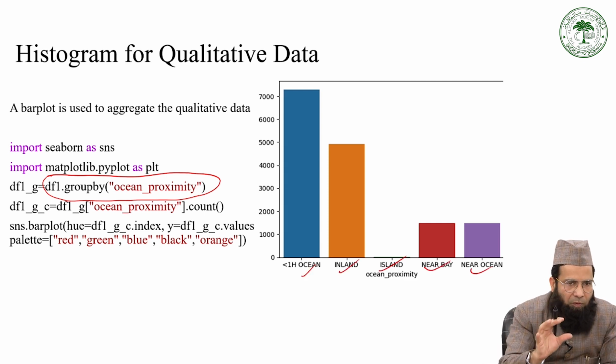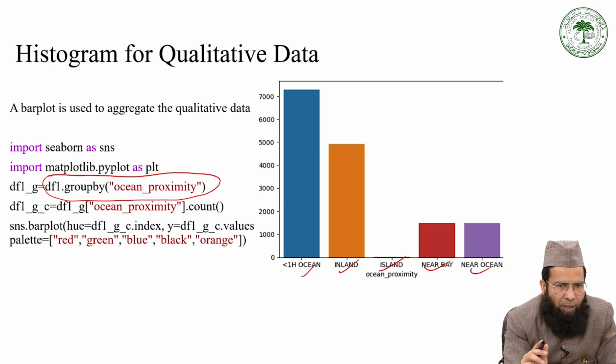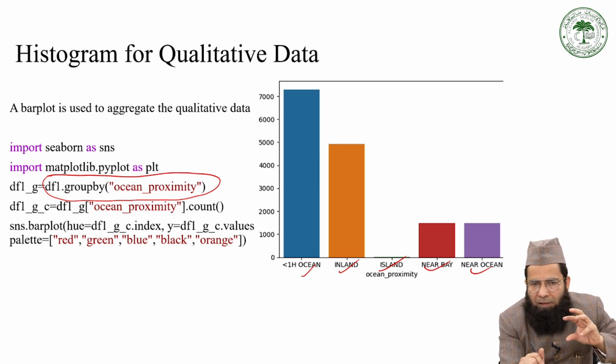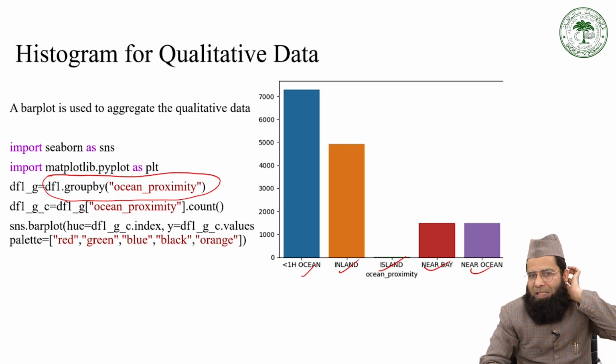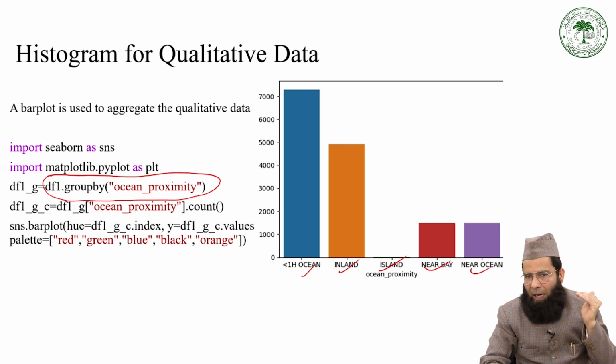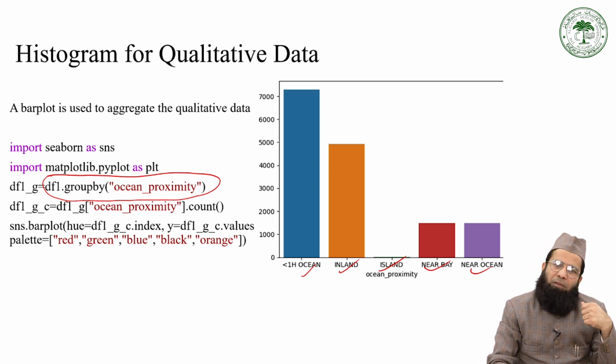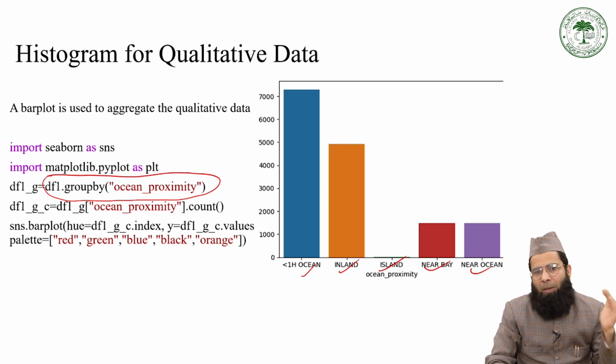So first of all, I will group it by ocean proximity, and I would find the total number of instances, right? So I will use the count method. We have already seen there are several methods like mean, max, count, and minimum.